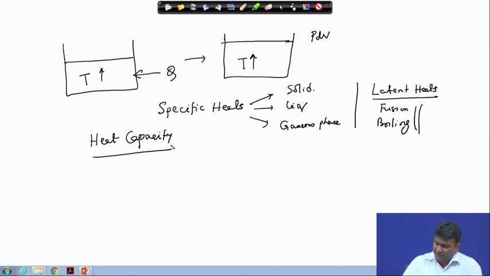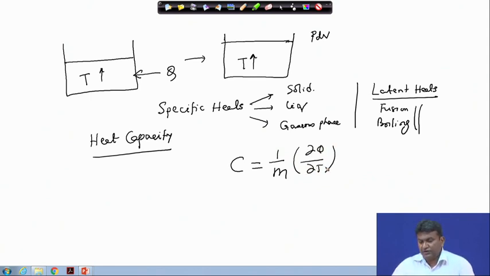So, heat capacity of any quantity of a substance can be expressed like this. I think you can refer to the handout, but it is self-explanatory. Q is the heat transferred, delta T is the temperature rise, and m is the total mass.